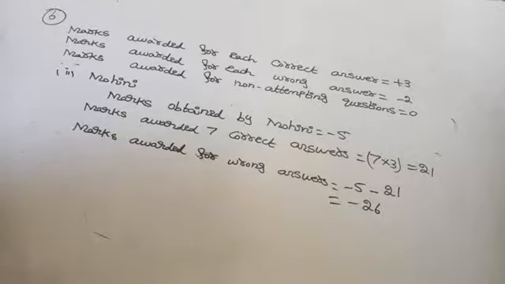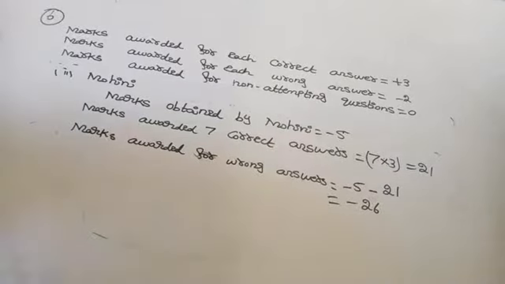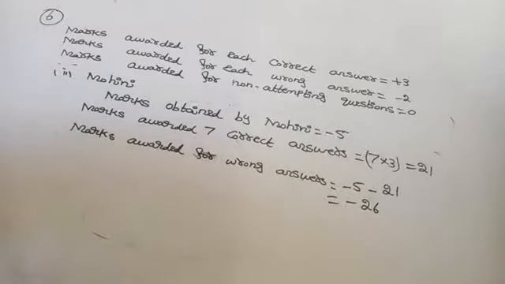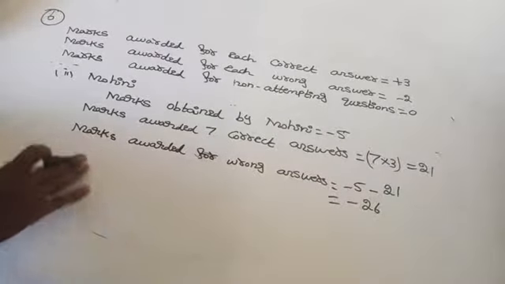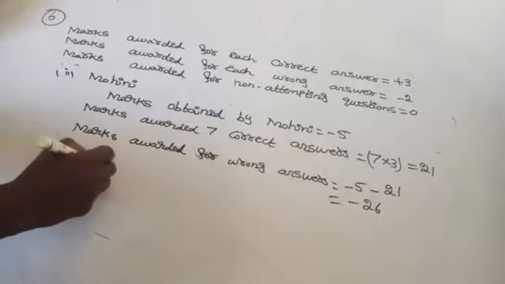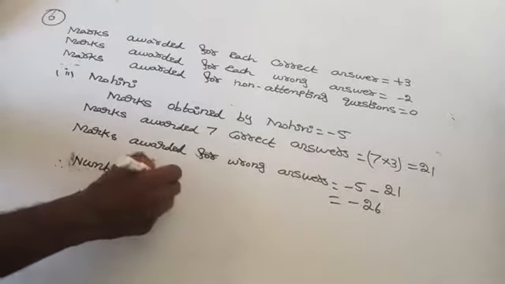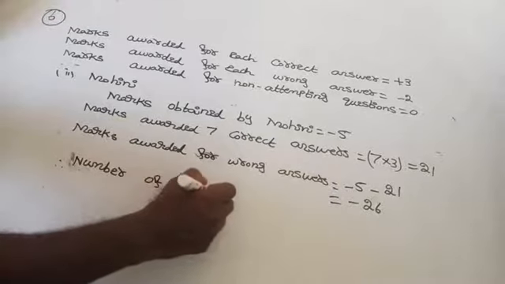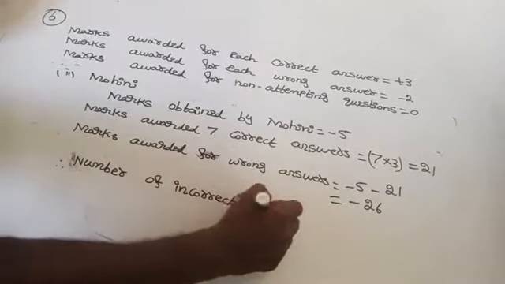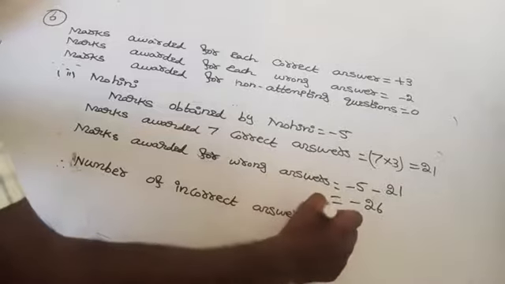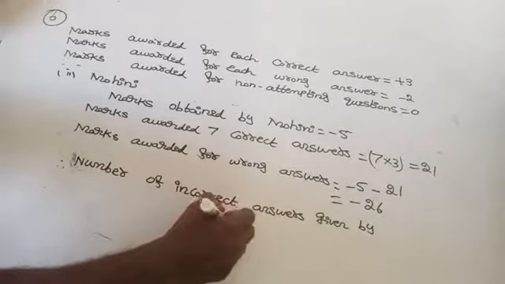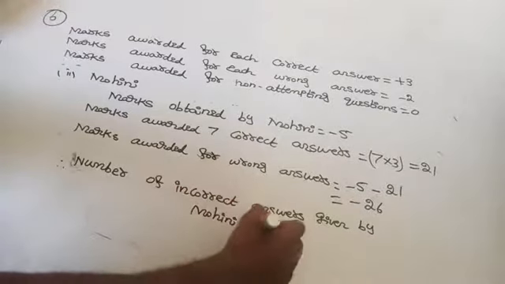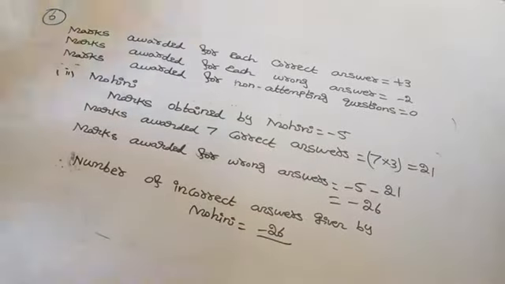Now the question is, how many wrong answers has she attempted incorrectly? So the number of incorrect answers given by Mohini: the total marks obtained is what? -26, and then marks awarded for each wrong answer is what? -2.